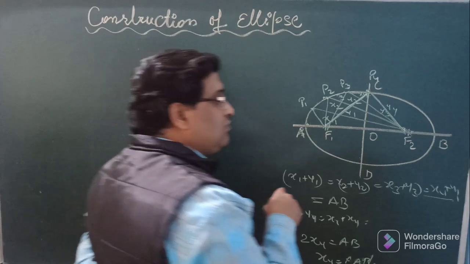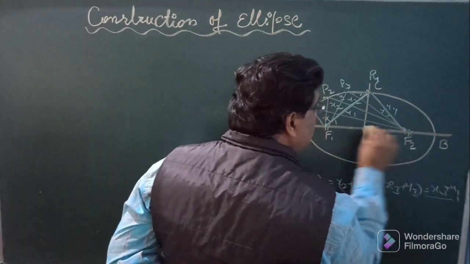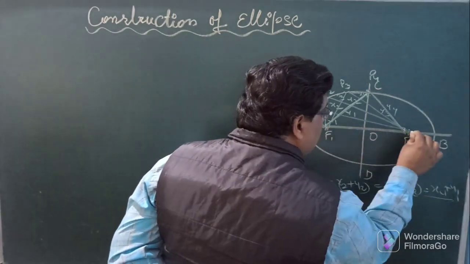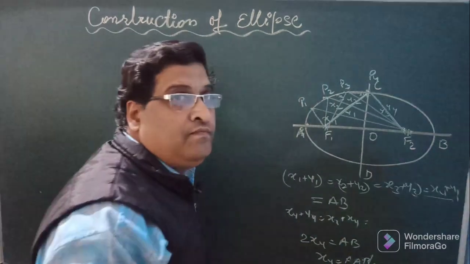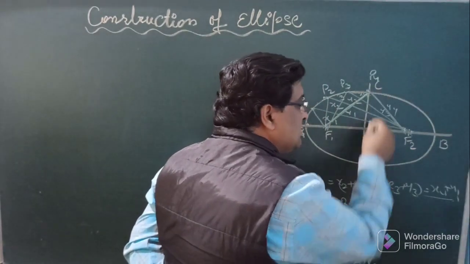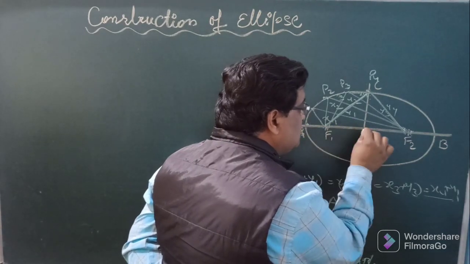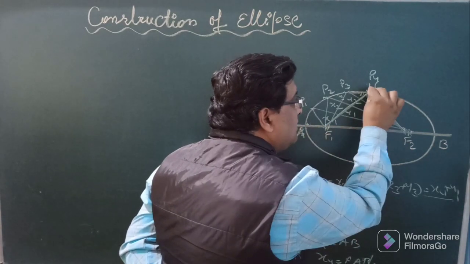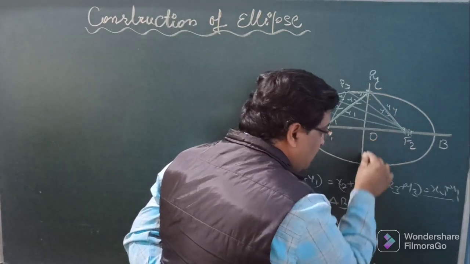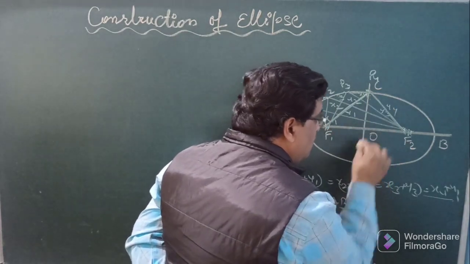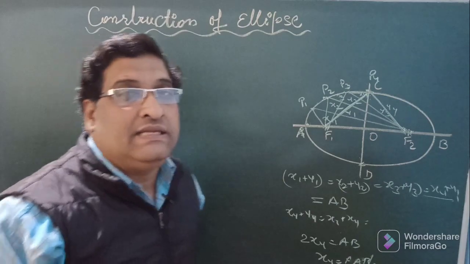Or alternatively, if you have been given AB in the problem and the F1 F2 distance is also given to you, then you can easily find out CD. How? You can take half of AB as the radius, F1 as center, and cut a perpendicular line from the midpoint of AB on both the sides, so that you get CD.